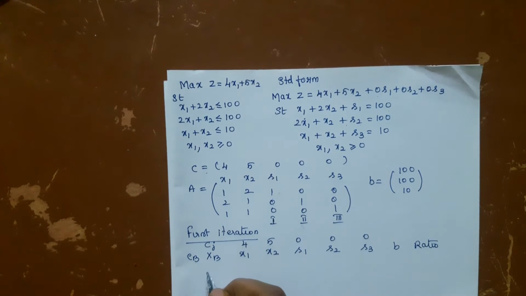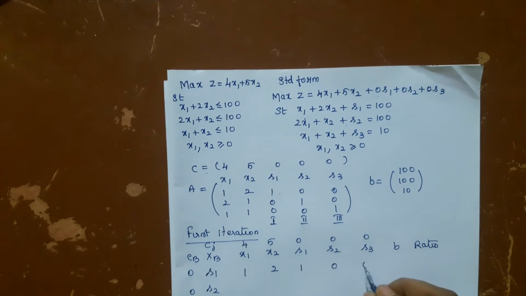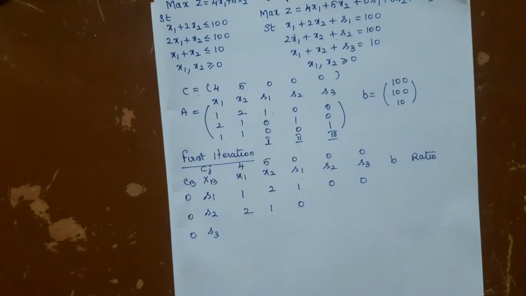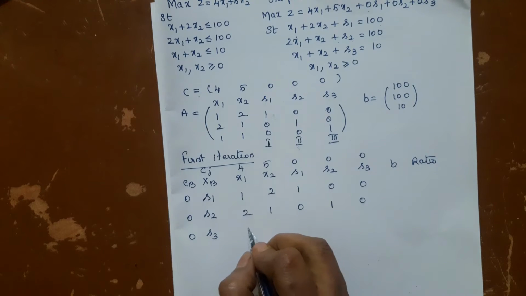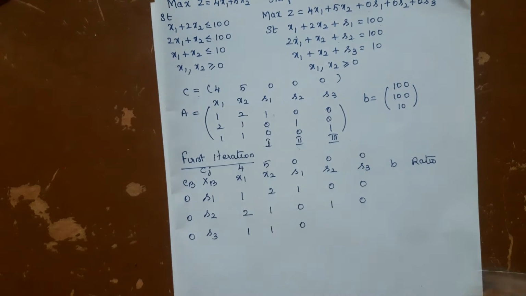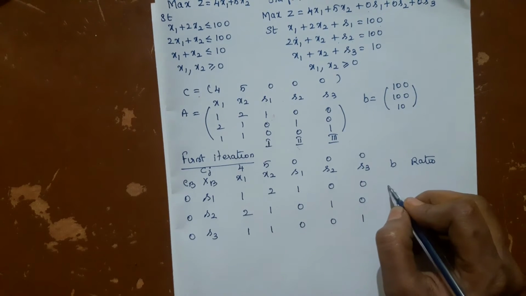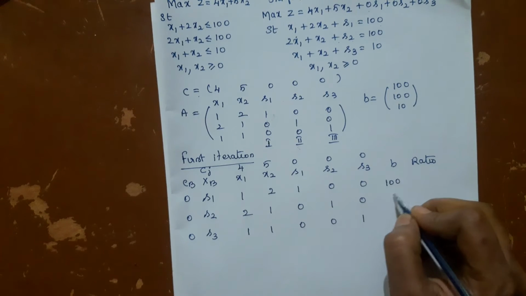The basic variables are S1, S2 and S3 in that order. Then write the coefficient matrix here and the requirement vector.